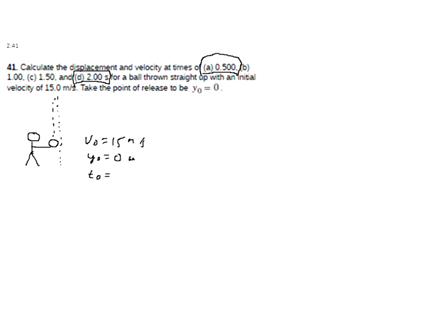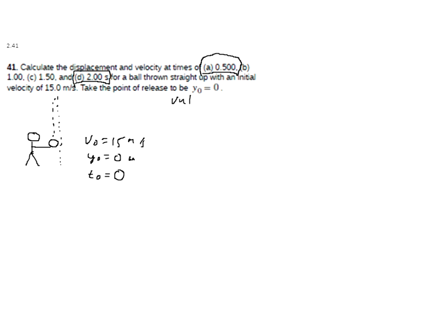Since this is not a problem that depends on time of day, we'll let T0 equal 0. Doesn't matter if we're talking about half a second after 8 in the morning or 8 at night. Maybe at night it's too dark for us to catch the ball, but that doesn't matter. Now we want to calculate displacement and velocity.